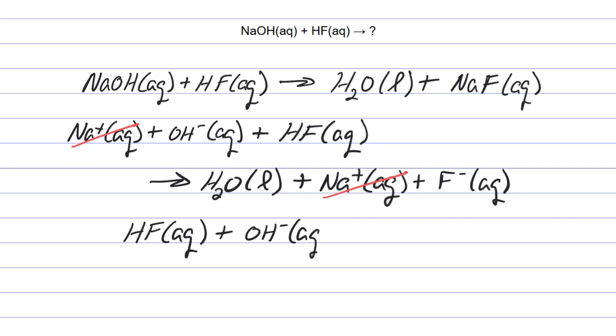And essentially, what happens in this reaction is that hydroxide bumps into HF and essentially rips off the H to make H2O liquid and a fluoride ion.